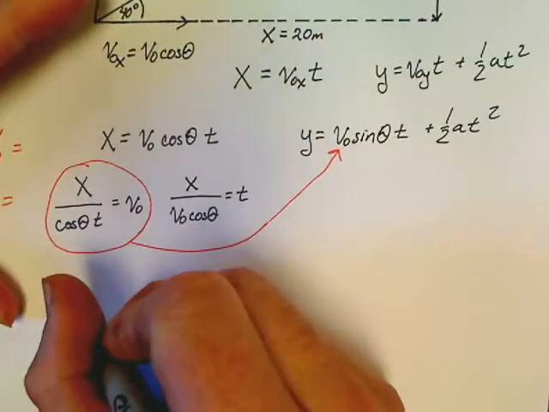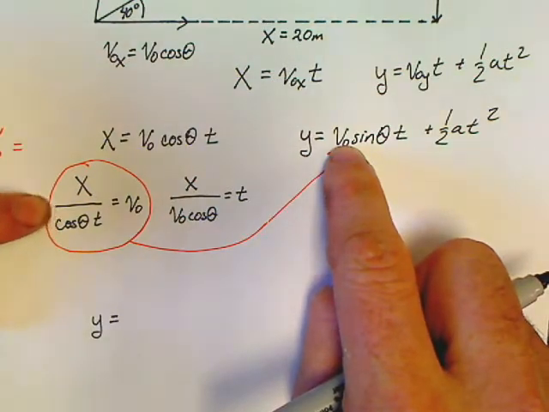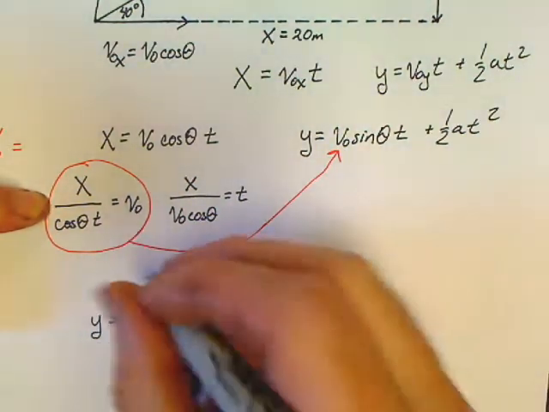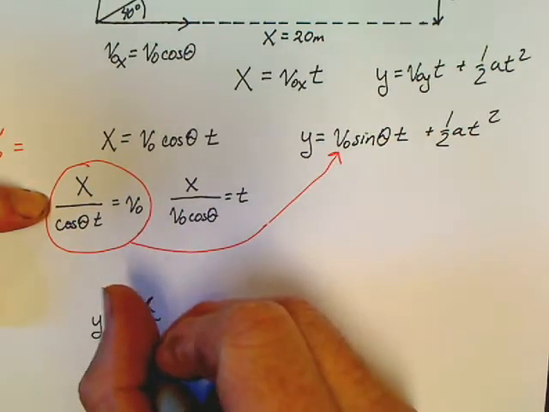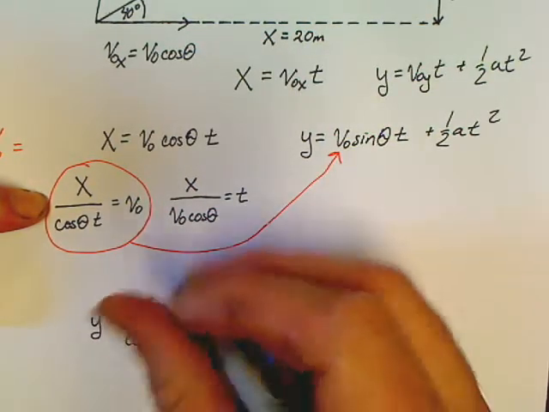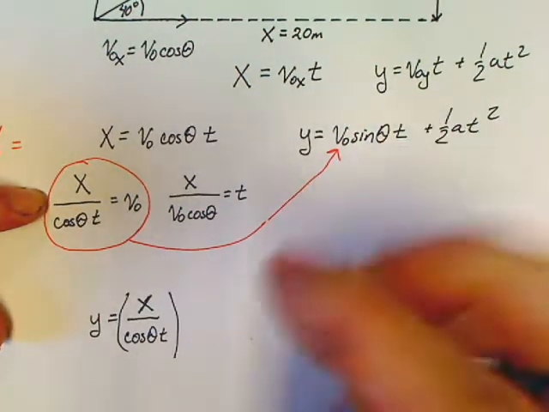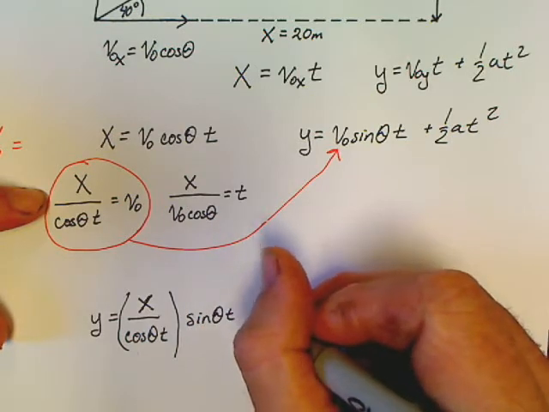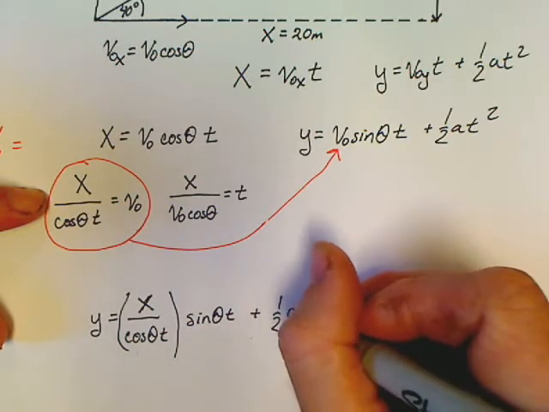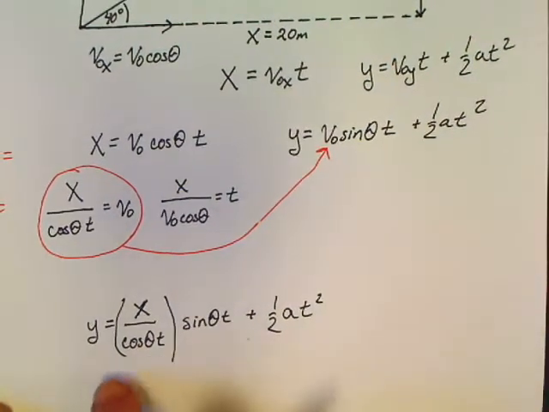So now let's do that. y is equal to, and in place of V0, I'm going to write this x over cosine theta t, times sine theta t, plus 1/2 a t squared.